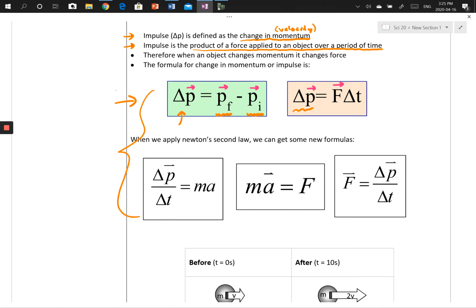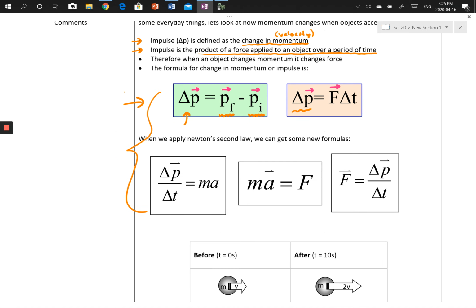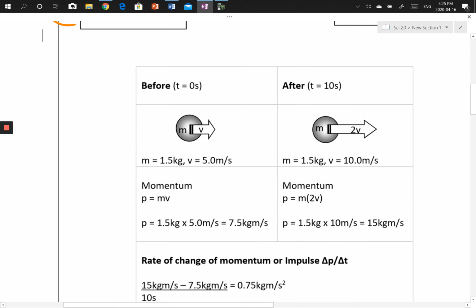So let's look at an example here. So here I have a ball, and this ball has a mass of 1.5 kilograms, and it's moving at a velocity of 5.0 meters per second. Now, let's say I want to accelerate that ball to twice its velocity. So I want it to go 10 meters per second.